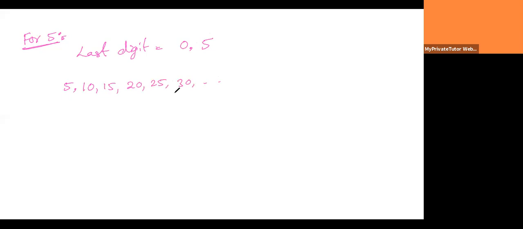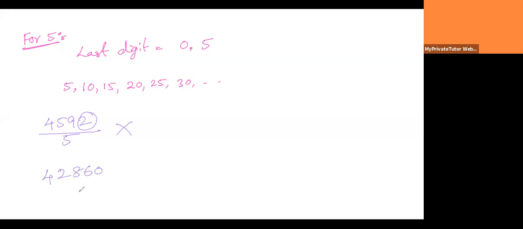So we just need to check the last digit. If the last digit is 0 or 5, then it is divisible by 5. So in this case, it is not divisible because we have a 2 here. Hope everyone understands that.